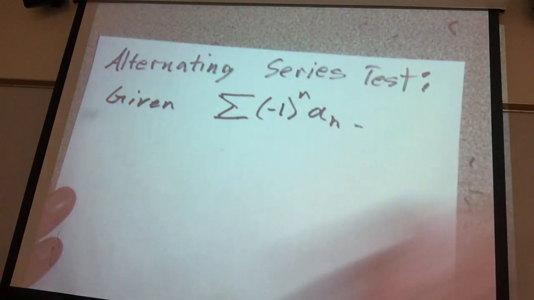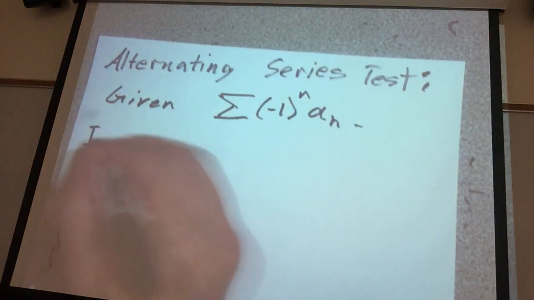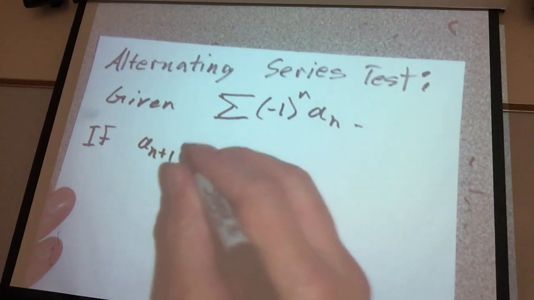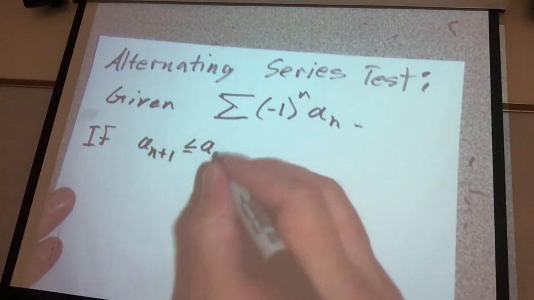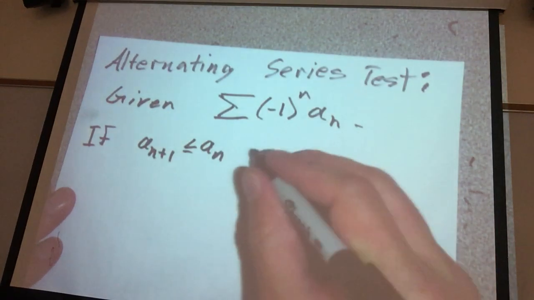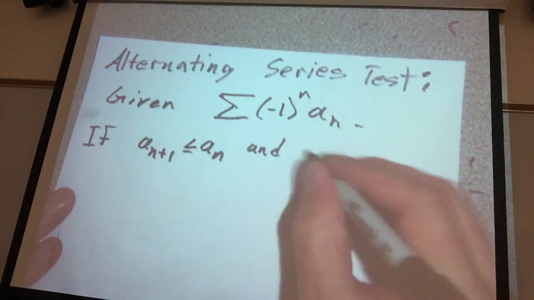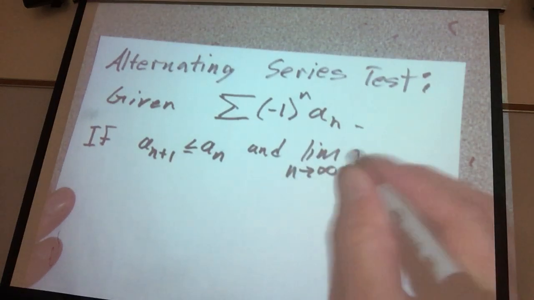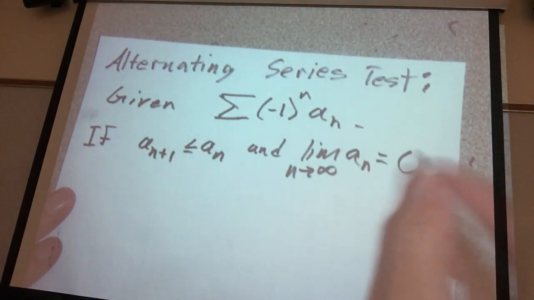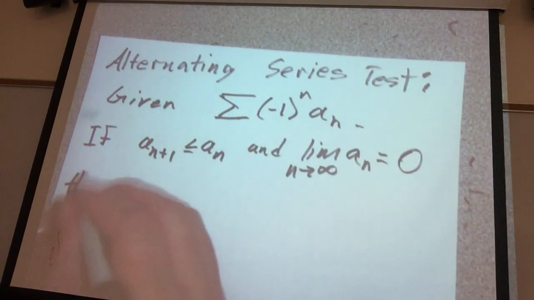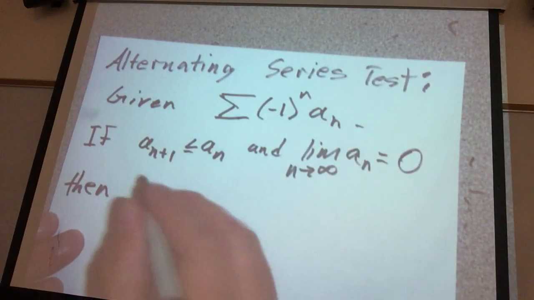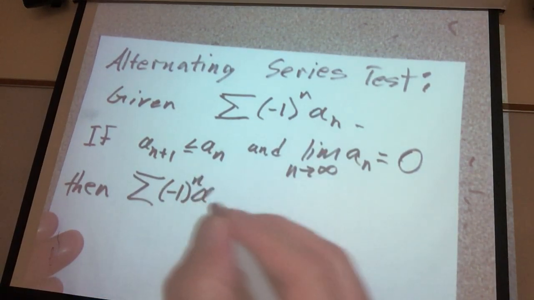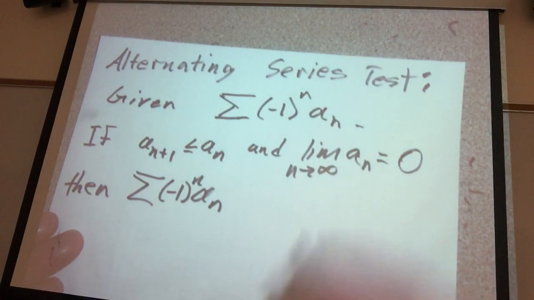If you're given an alternating series, if you can show that one, it's decreasing, eventually, okay? And the limit as n tends towards infinity of a sub n equals 0, then the sum of (-1)^n a sub n converges.